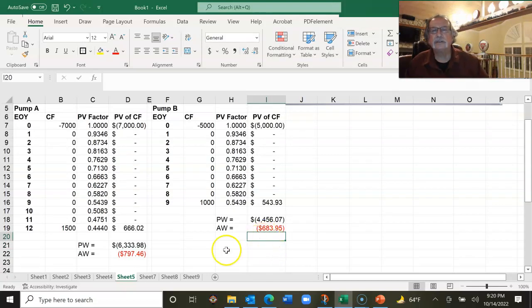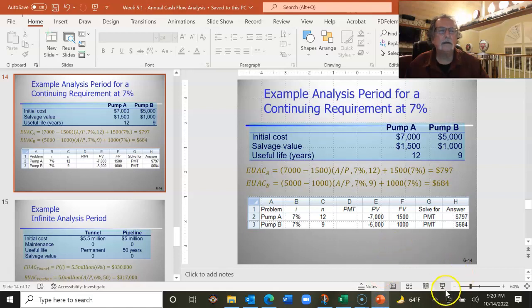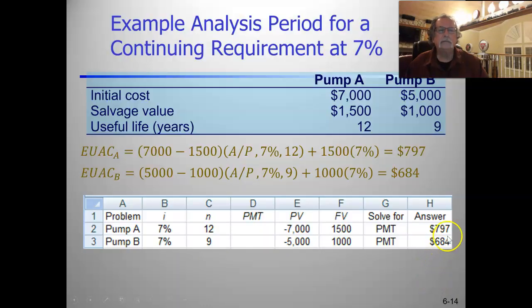And this shows that indeed pump B is a better choice because its annual cost of $684 is less than the annual cost of pump A. So this is the true benefit of using annual worth analysis compared to present worth analysis, when comparing two projects with unequal lives.